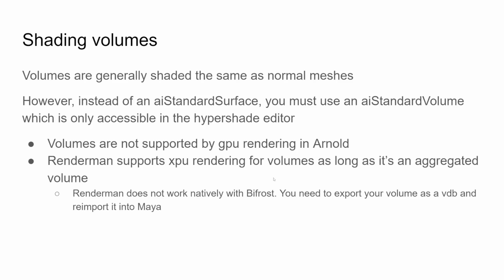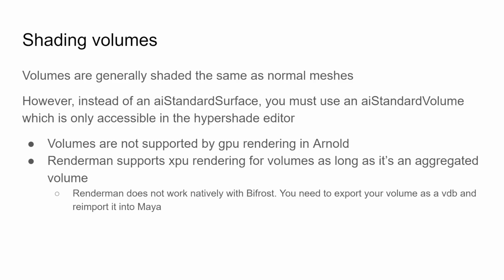Volumes are also a bit special in that they are shaded slightly differently than you would normally do with a mesh. Remember how with meshes, we need to unwrap their UVs so we can actually shade them. We're basically just modifying a 2D surface and wrapping it around to create the shading attributes. However, with volumes, since they're comprised of voxels, it's a bit different. You need to have a volume shader that a lot of rendering engines can support.